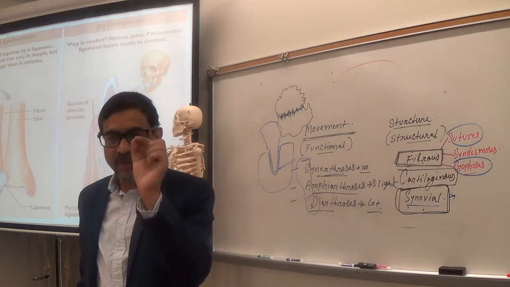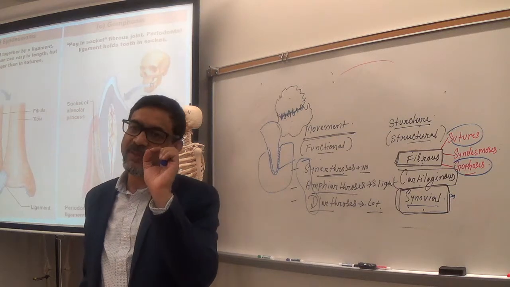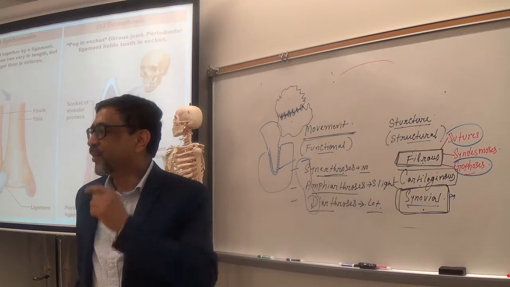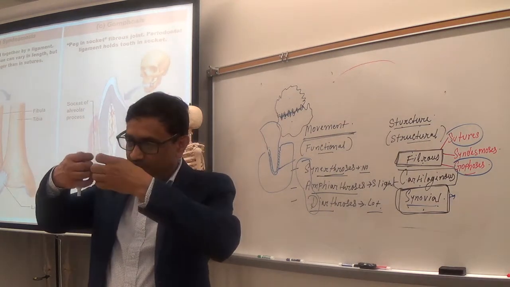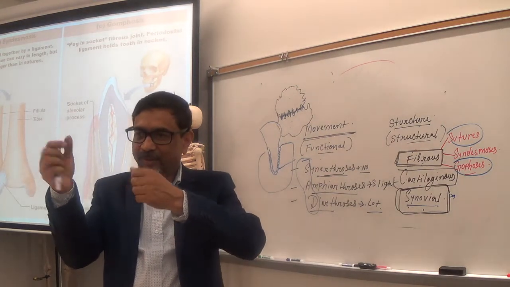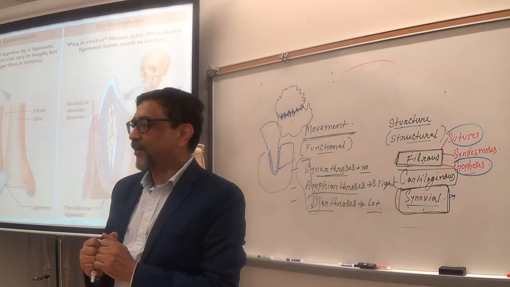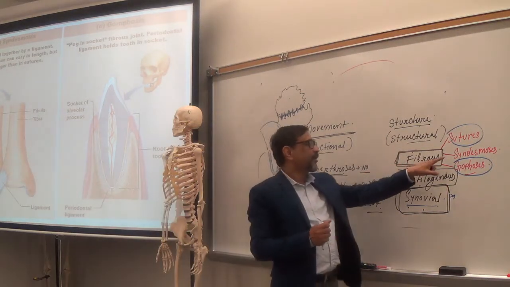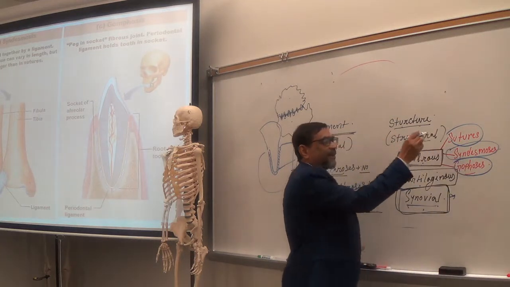Now fibrous is again divided into how many types? 3. Sutural or sutures, then what? Syndesmosis and gomphosis. In case of sutures, the bones are held by short interlocking fibers. Make sense? That's why it's almost no movement. Syndesmosis, the bones are held by what?